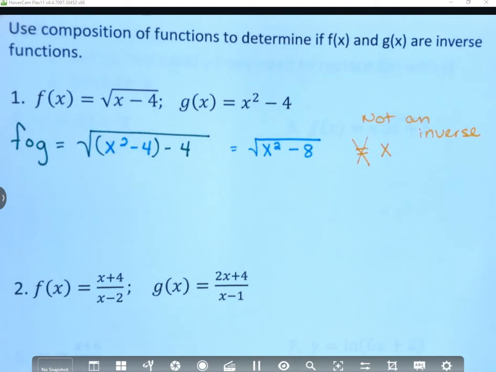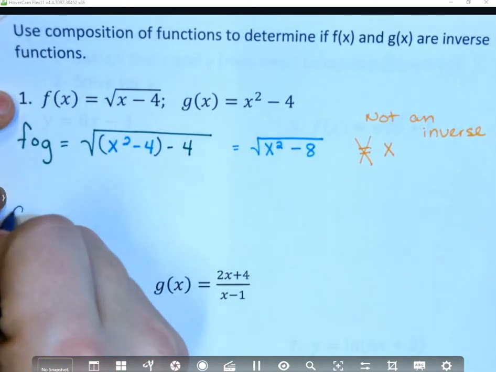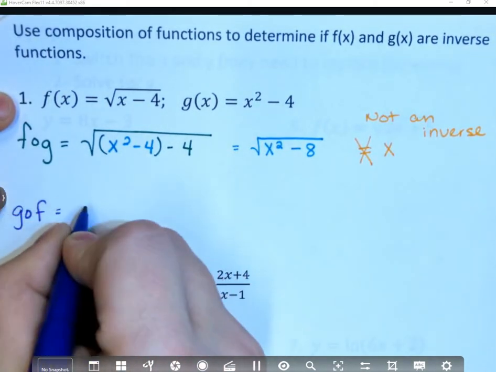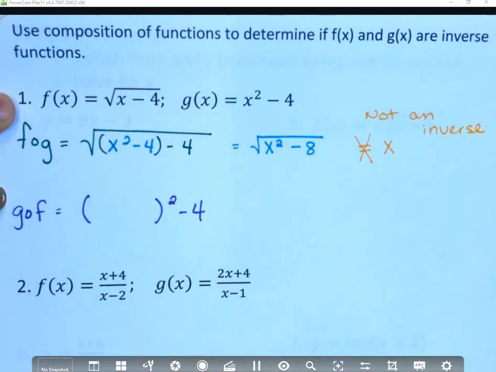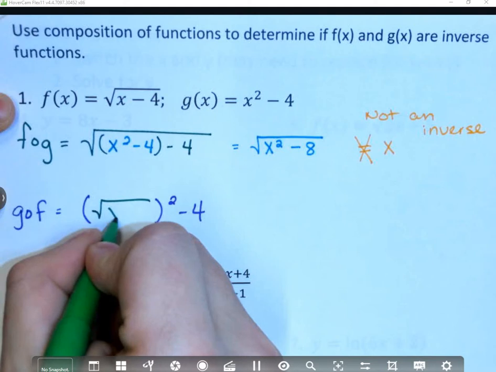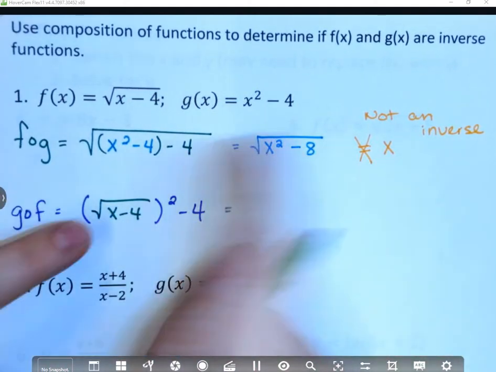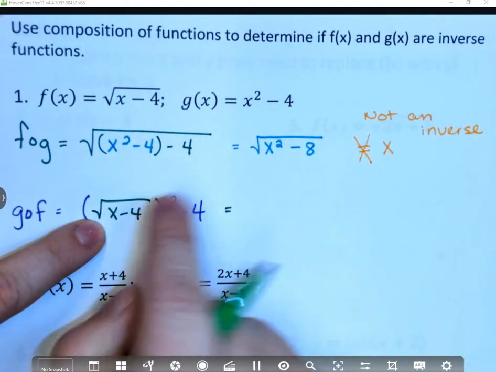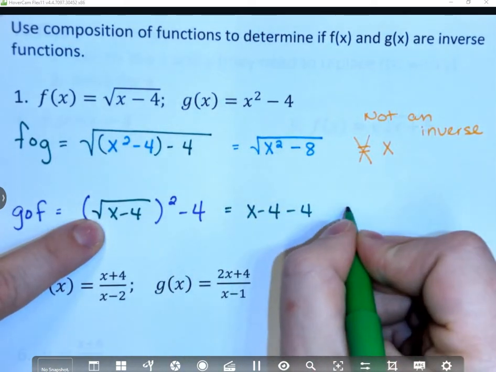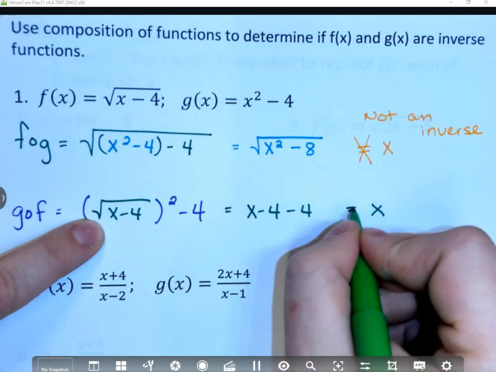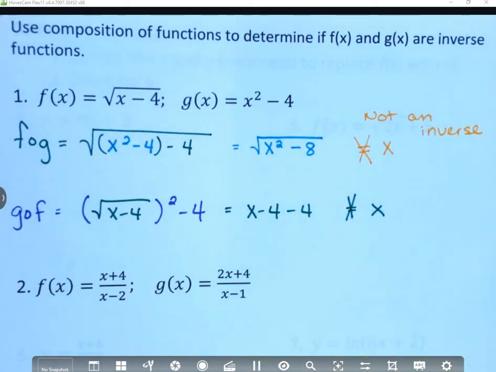I mean, if you really want to, you can go through and say, all right, then g of f would give me this, where the root x minus 4 goes in, but square and square root cancel each other out. Is that going to be equal to x? No, again.